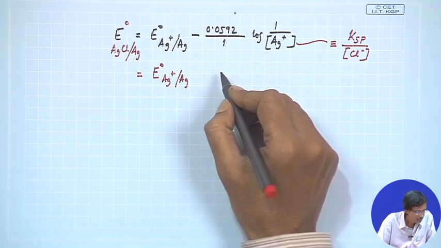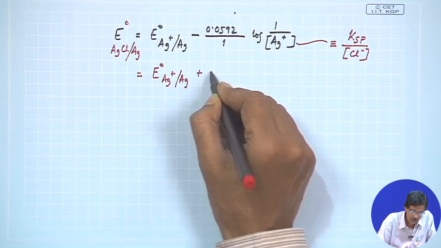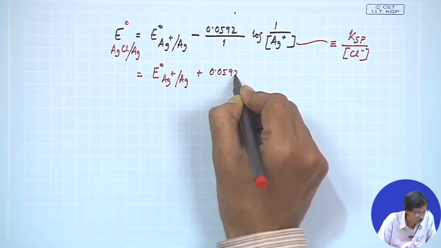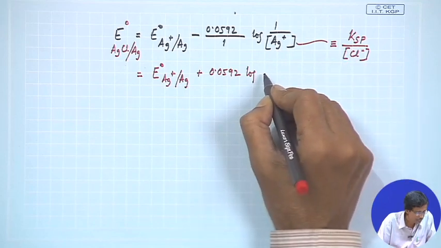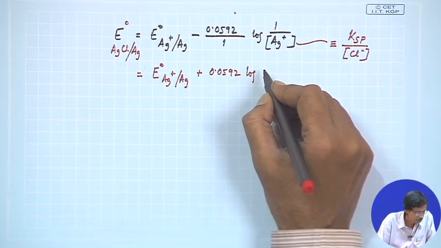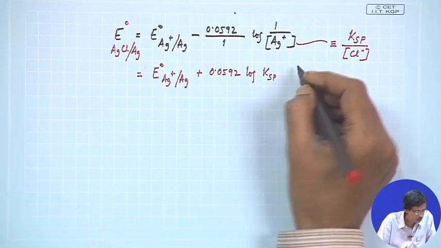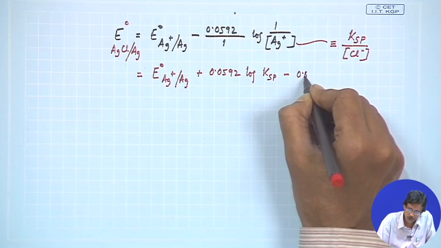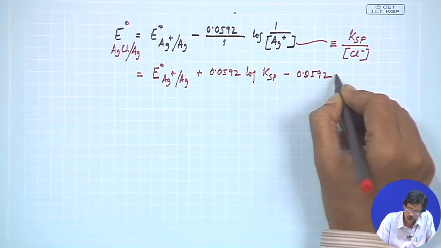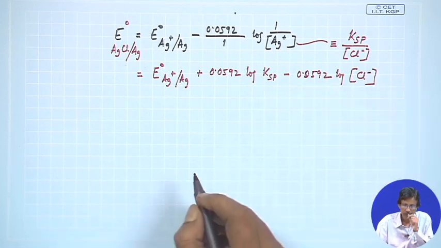Then if we change the sign, it will be plus 0.0592 log of Ksp, minus 0.0592 log of chloride concentration.